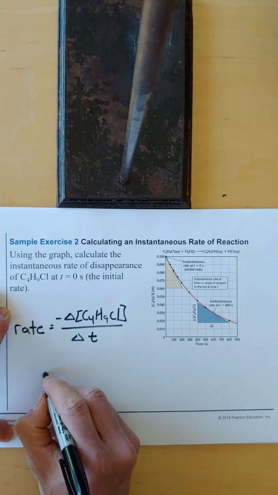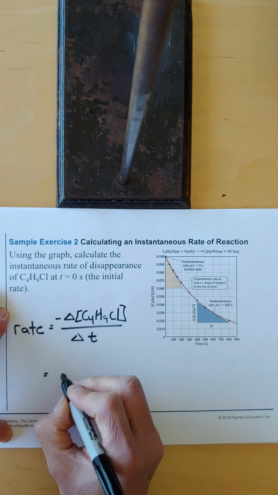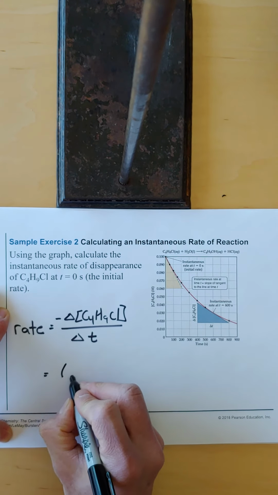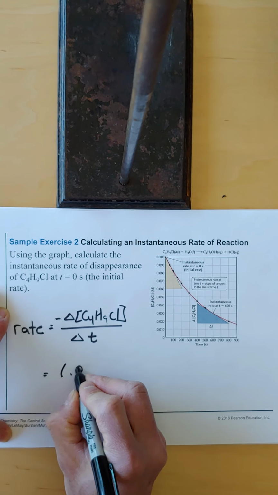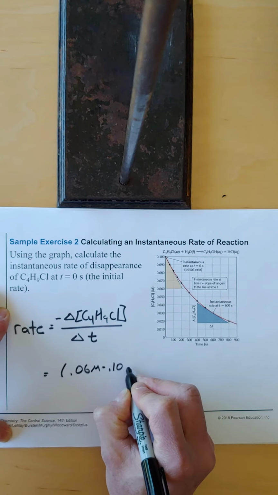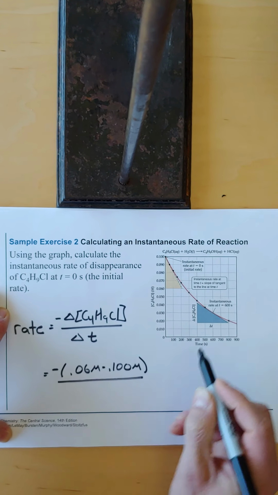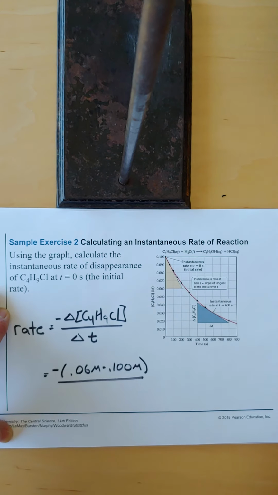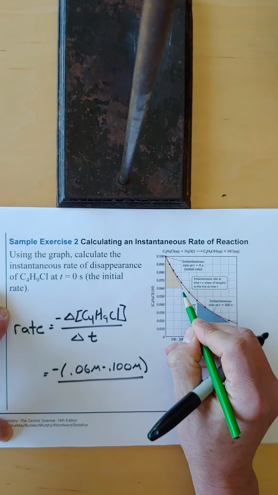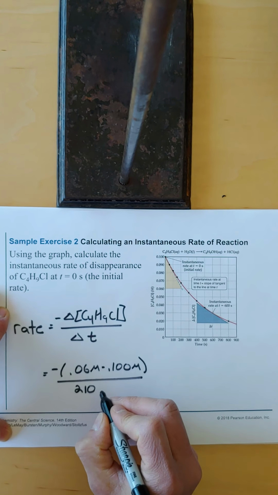If we look at our final concentration minus our initial, for this golden triangle here, it's 0.06 molar minus 0.100 molar. That's our change in concentration. And our change in time, we can say that's 210 seconds.